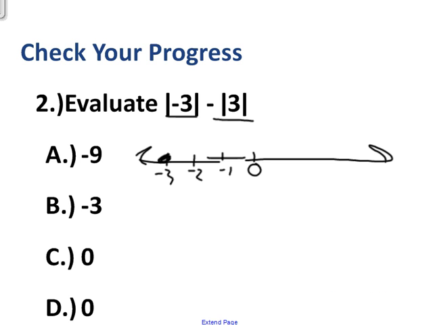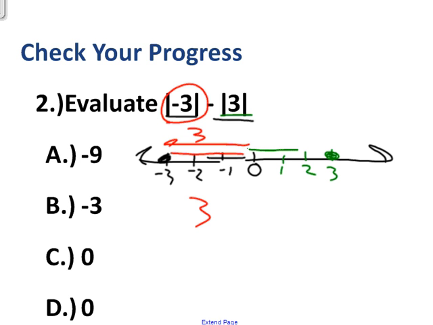If I look at that distance from 0, it's 1 unit, 2 units, 3 units, so the absolute value is 3. So this part of the expression becomes 3. Then minus the absolute value of 3, well, I need to place that on the number line. It's right here. The distance from 0 is 1 unit, 2 units, 3 units. So the absolute value of positive 3 is 3. I get 3 minus 3, which is also equal to 0.